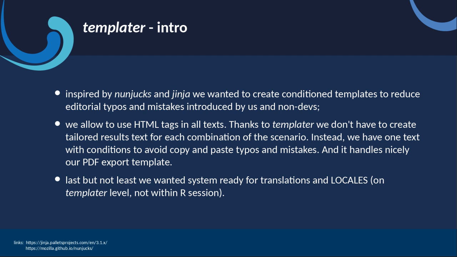Templater, this is the name of our package, allows creating conditional templates, with HTML content in our case. We use it also in a template being the source of PDF export text. We can now, more or less, use the same HTML template as we use for the results. This is a huge benefit in comparison to the previous solutions that we used before.